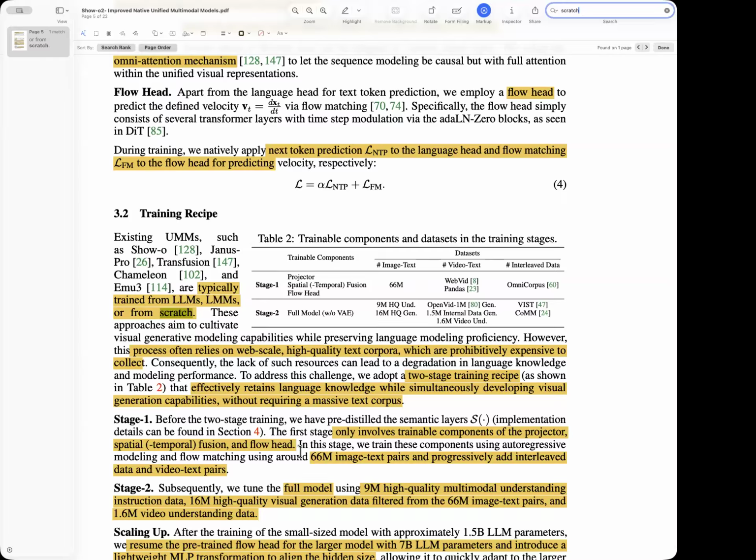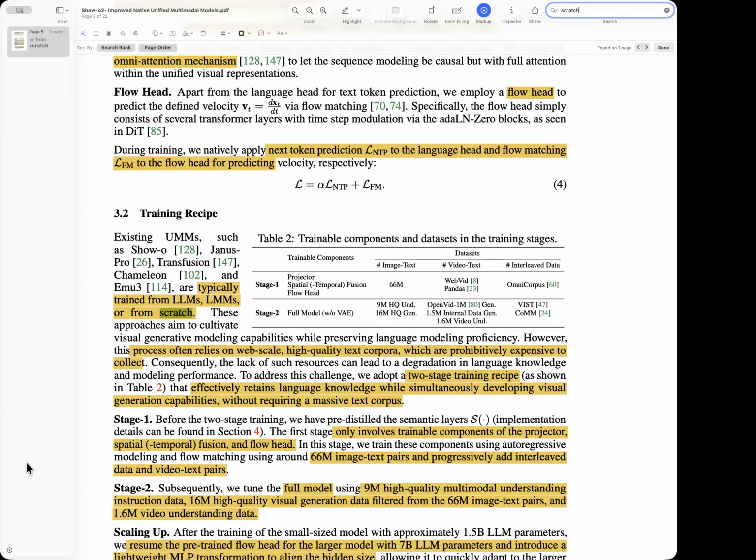The only difference is that you maintain the causality within the video, you maintain the causality within the text, and depending on whether the video comes after text or text comes after video, you maintain that causality. That's kind of how they do the Omni-Attention. Makes sense. Thanks for clarifying there.